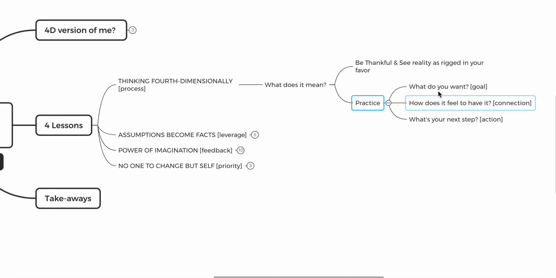So all you need to do is connect to this version by simply asking, how does it feel to have it? And once you feel having it, you know you're connected. And from this space, you can ask yourself, well, what's my next step? Because that's all you really need to take that next step.